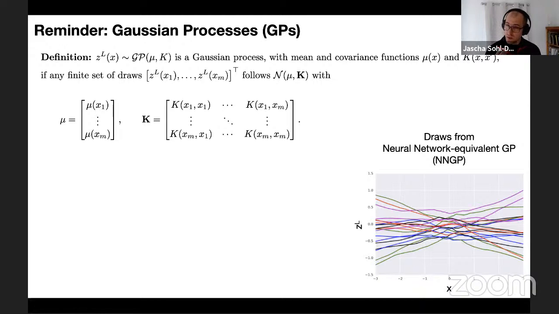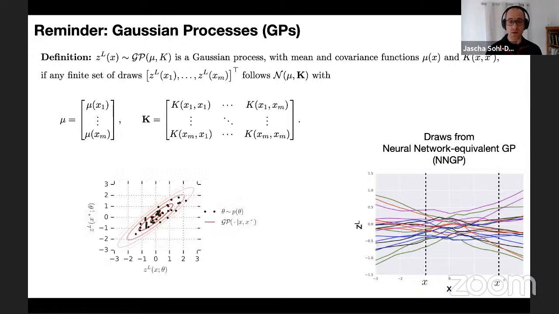From this perspective, the plot I showed on the previous slide would correspond to plotting sample values of network outputs z^L against each other for two different input examples, x and x star. These are just two different ways of visualizing the same distribution over functions, a distribution over functions which corresponds to a Gaussian process.